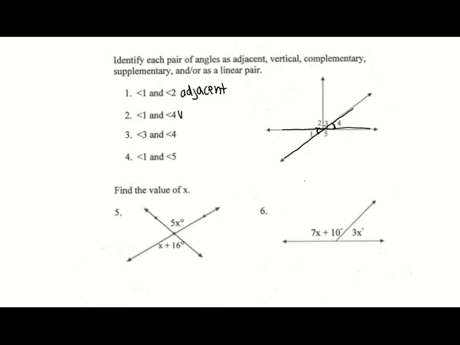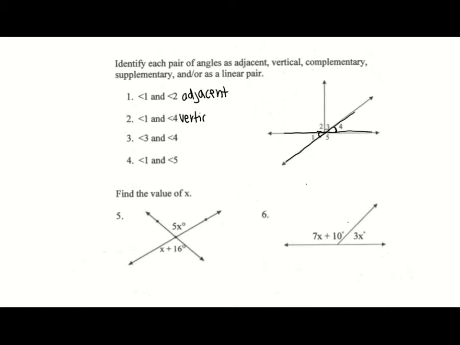So that tells me they are vertical angles. If they are vertical, they can't be adjacent. And I don't know anything about their angle measures, so I don't know if they're complementary or supplementary, and they're definitely not a linear pair because they're not on a straight line.